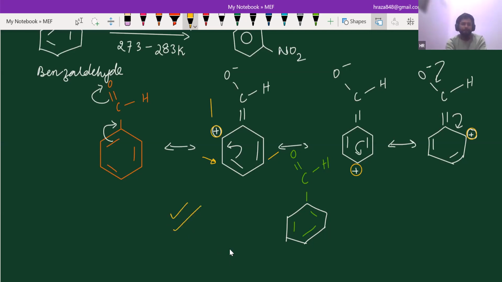Got it? The electrophile is the electron deficient species, so it will attack where electron rich species are present. Here you can see positive charge, that means it is already electron deficient. That's why the product at meta forms. Is that clear?